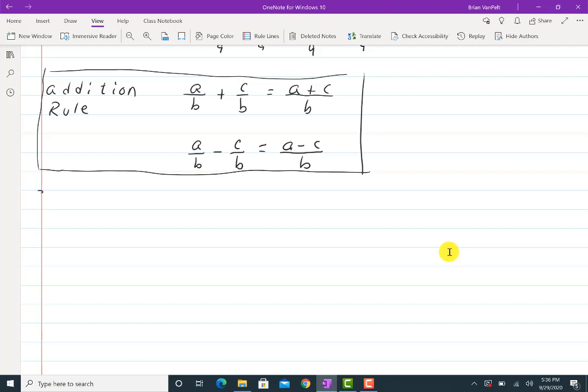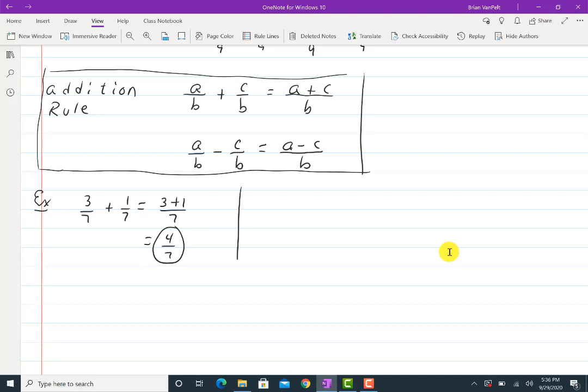So let's go with an example. I have 3/7 plus 1/7, and then when I add them together, I do 3 plus 1 over 7, and that's equal to 4 over 7.